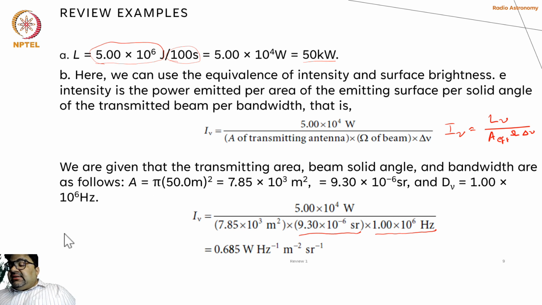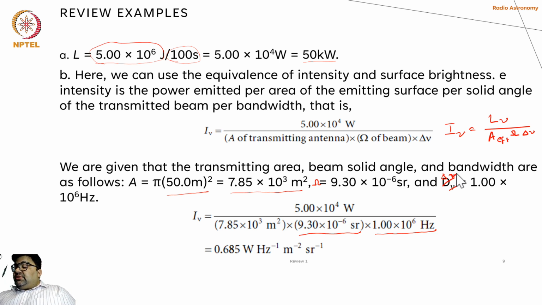The area is pi times 50 meter, since the diameter is 100 meters, so radius is 50 meters squared. That gives you 7.85 times 10 to the power 3 meters squared, and omega is the solid angle, and this is delta nu, the bandwidth.